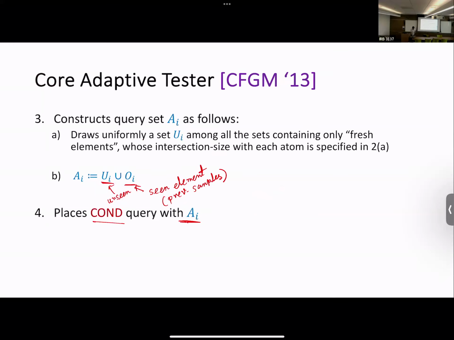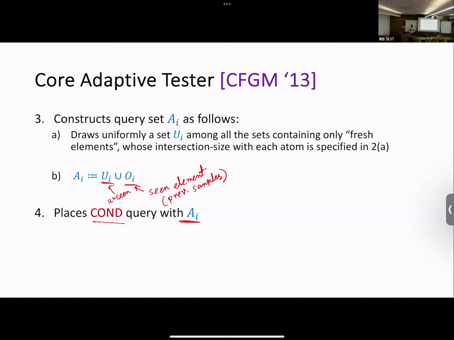Let's recall. UI is also selected using the randomness of the algorithm, right? Because the algorithm specifies how many fresh elements I should consider from each of the atoms, and then it uses its own internal randomness to select. So this UI is also selected randomly, using completely the internal randomness.